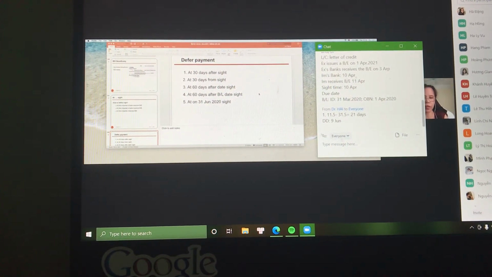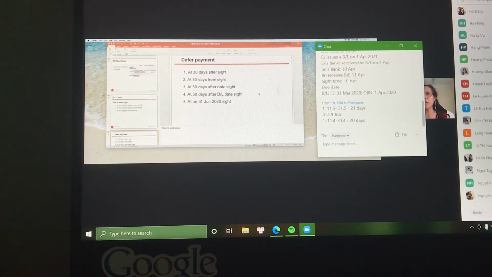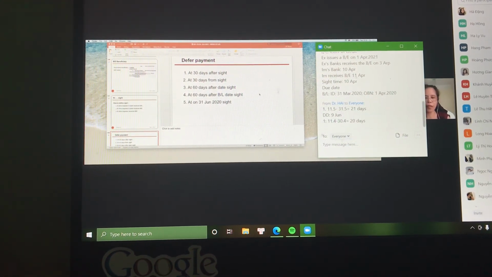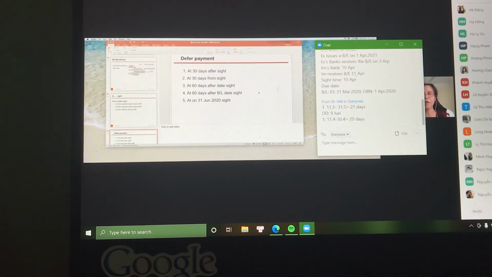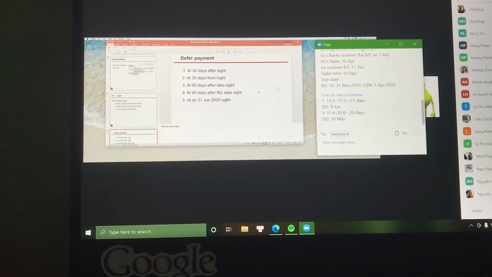And then we need 10 days more. That's why the due date falls on 10th of May for the first case. Do you agree with me? Yes. So for the first case, the due date falls on 10th of May. What about the second case?